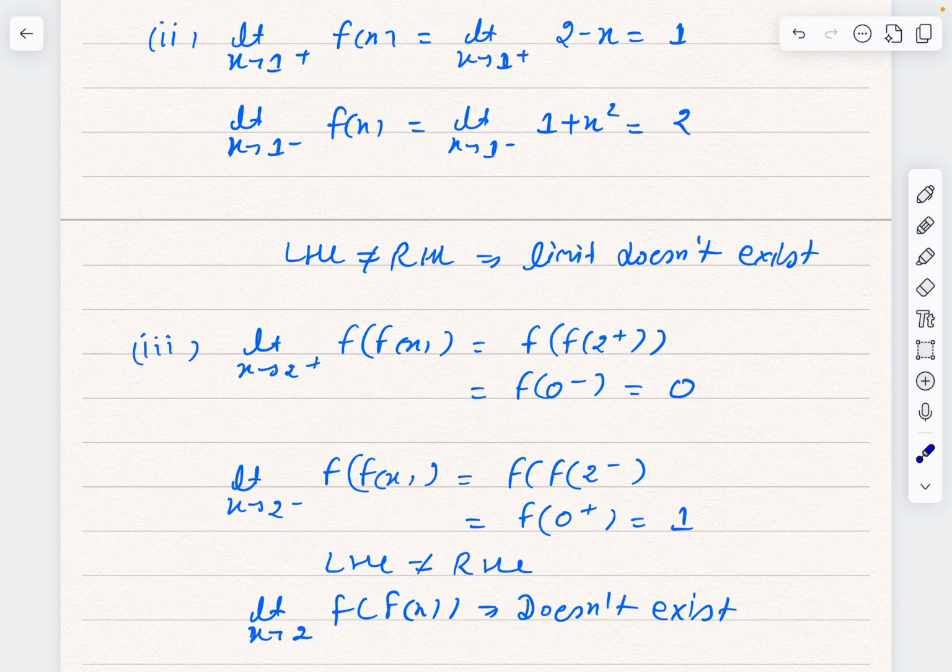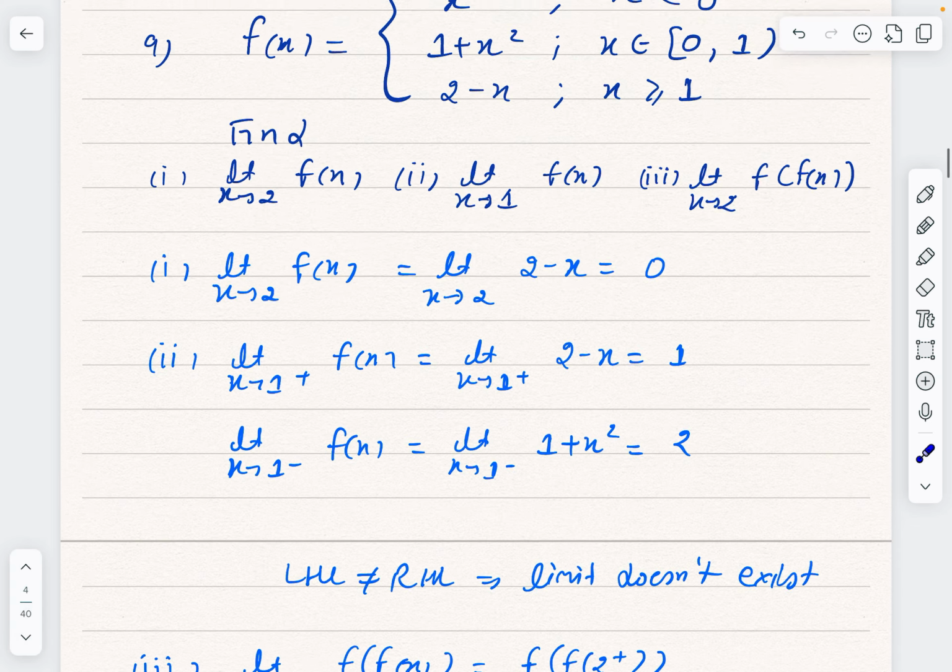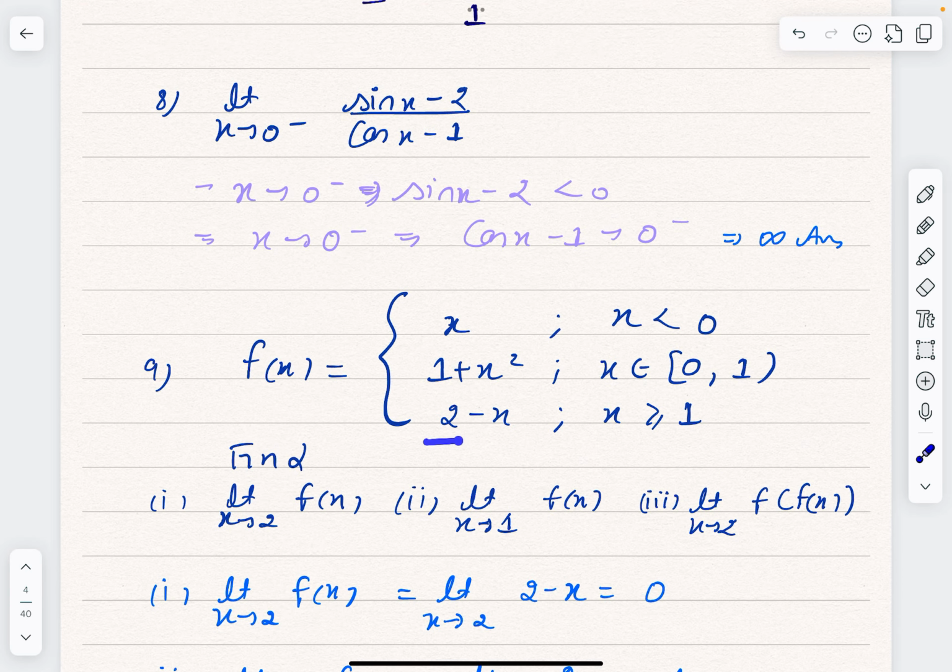Let us see for 2 negative. Limit x tends to 2 negative of f of f of x. So put x as 2 negative, we get f of 2 negative. Now 2 negative is again slightly less than 2, but it still lies here. If you put x as 2 negative, then 2 minus 2 negative will give 0 positive.